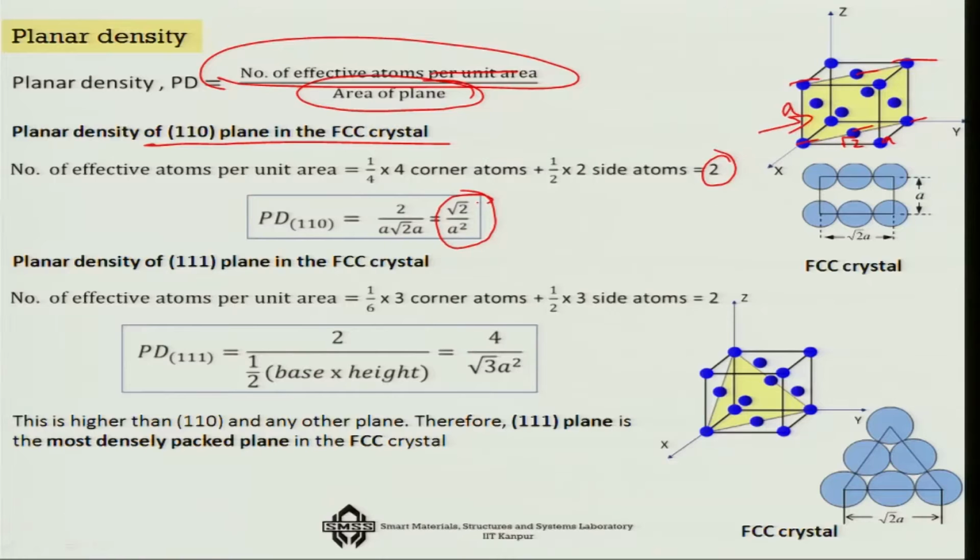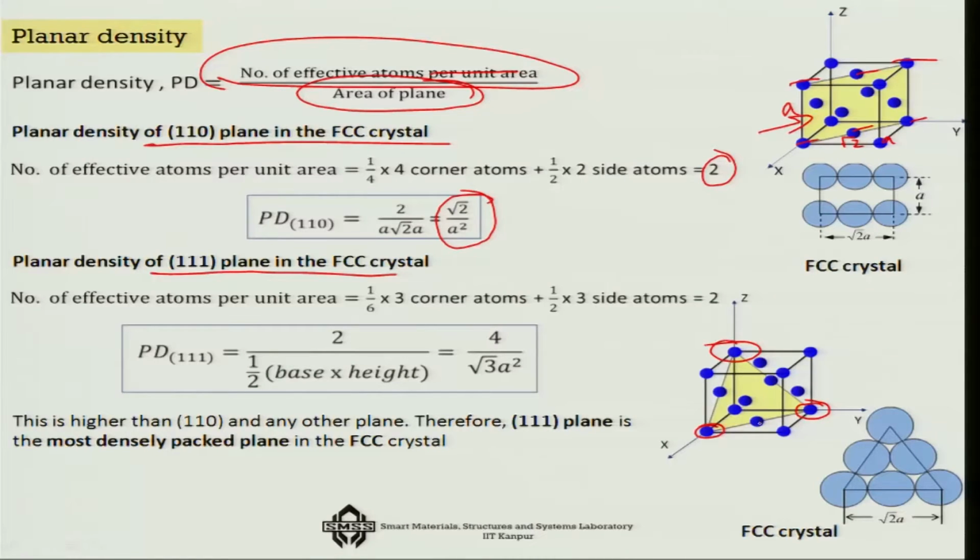Similarly, if you consider the 111 plane in the FCC crystal, let us look at the 111 plane. Okay. So, that is containing the diagonals. So, here you are having 1/6 of 3 corner atoms, and half of 3 side atoms.